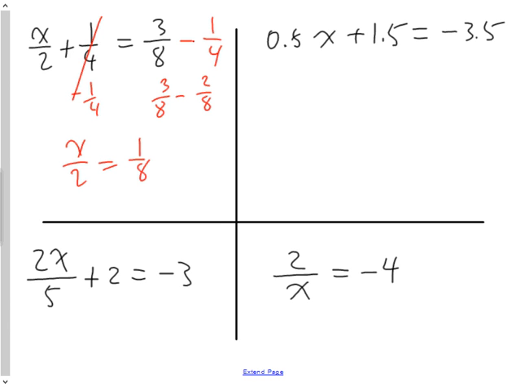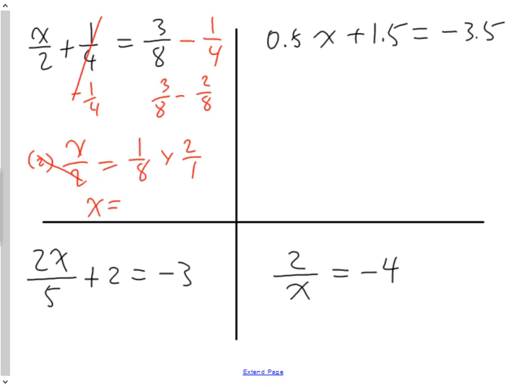So when I get rid of my constant, I end up with half of x is equal to 1/8. Now, the next thing I'm going to do is multiply both sides by 2. And when you multiply a fraction by 2, I'm going to make an exception here. Because I said don't use multiplication signs, but here, I want you to multiply by 2. Because when we learned in the fraction unit, multiplying by whole numbers, we said treat them as a fraction over 1 and multiply them.